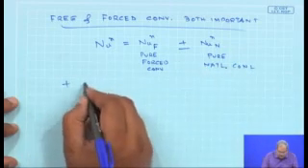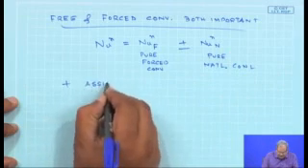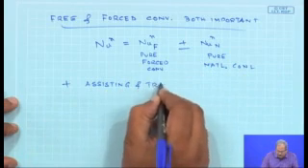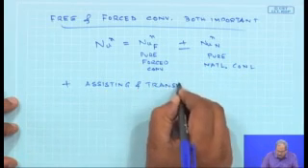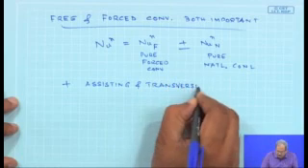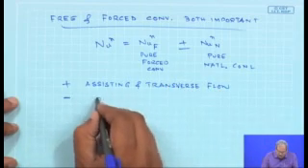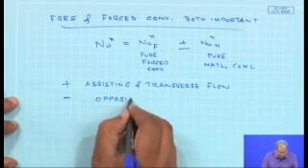This plus is for the assisting and transverse flow, whereas minus is for opposing flow.